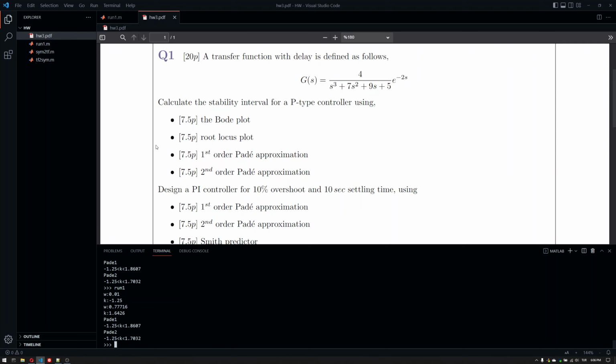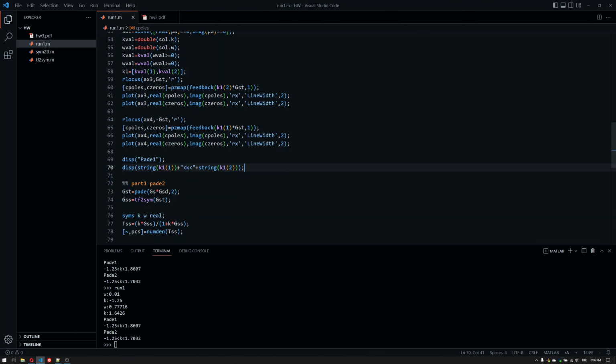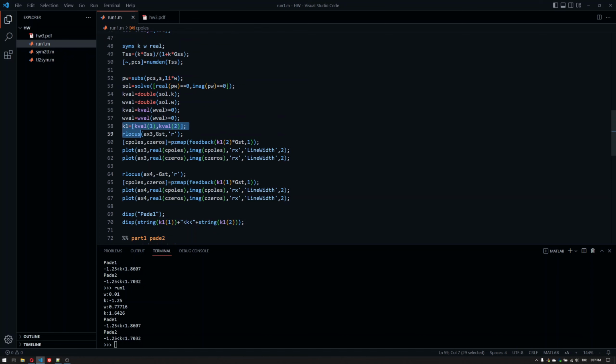But yeah, use the Bode plot version instead of the Padé approximation and then root locus, or Padé approximation and then the numerical stuff. And keep in mind that I have directly calculated the K values and omega values.